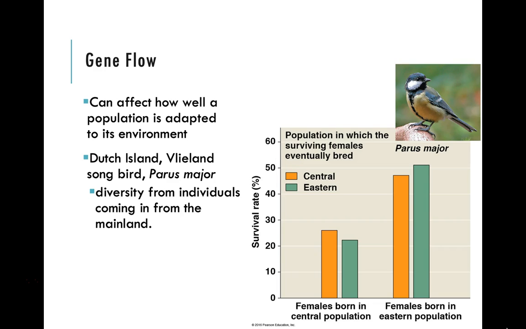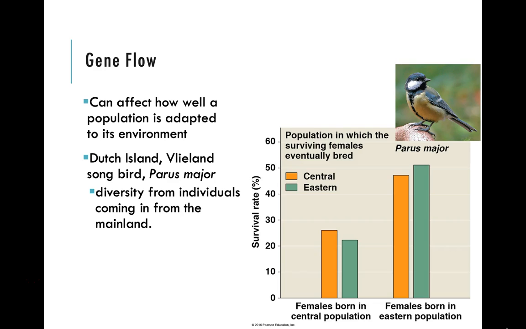And if you look at this chart on the right, you can see that they have different survival rates. The females in the eastern population survive at a much higher rate than females in the central population. So what actually is happening here is that the central population has a high number of individuals coming in from the mainland, whereas the eastern population does not have such a high gene flow, fewer individuals coming in.